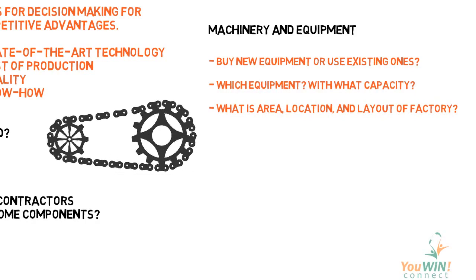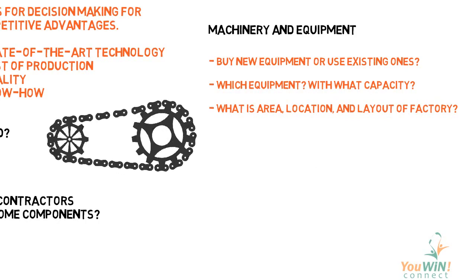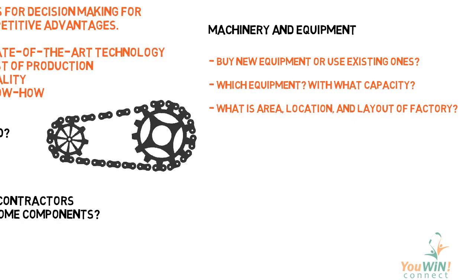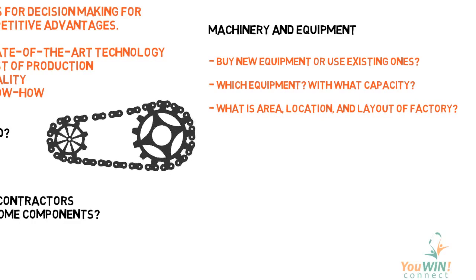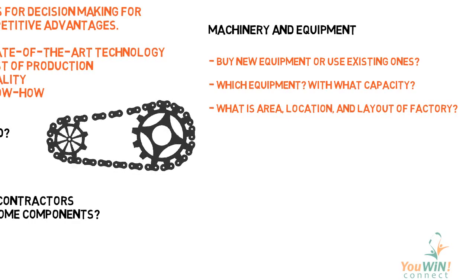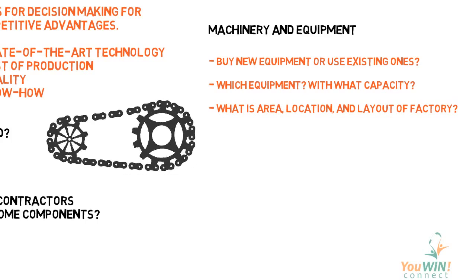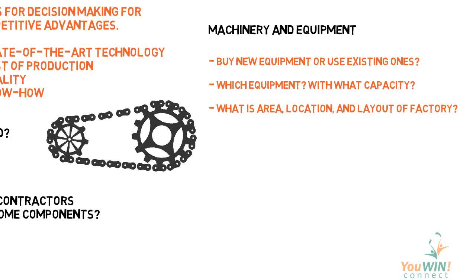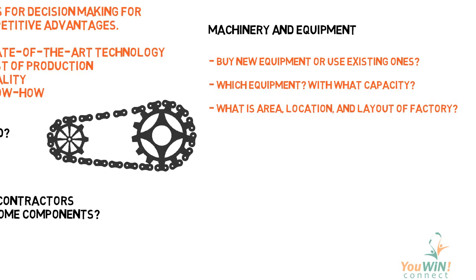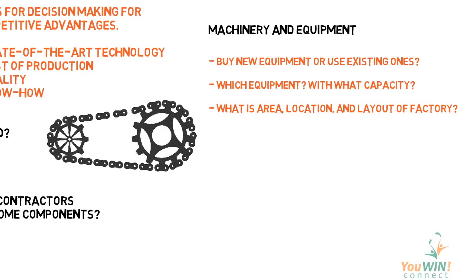This is a decision that comes up from time to time, especially when the demand for our products increase and the capacity that we have seems to have been maximized, or we feel that we do not have enough capacity on the machine to be able to produce for the market. So the question is, do we buy new equipment? Do we use existing ones and open more production shifts? Which equipment should we buy if we're buying a new one?